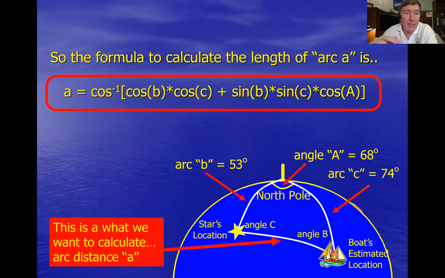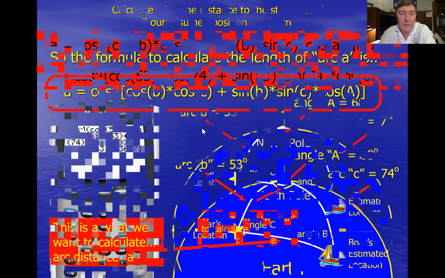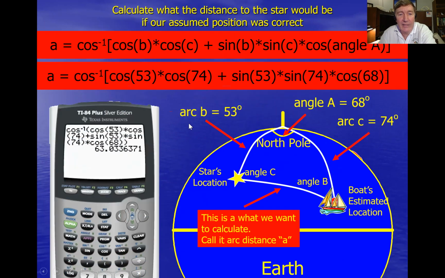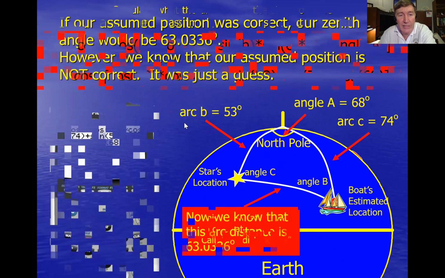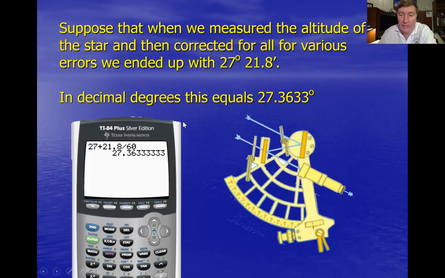We're going to use this scary looking equation, and it will tell us the fictitious distance. We put the numbers into the scary equation, and the number that comes out will be the fictitious distance. I'll show you in a minute how this works. Then we compare that to our real true distance, and that gives us our position.